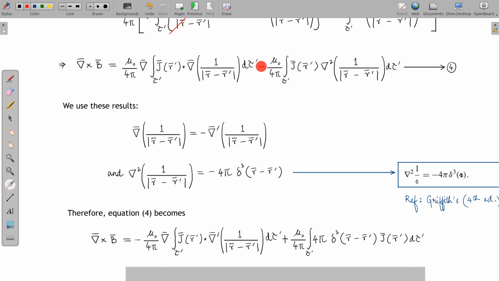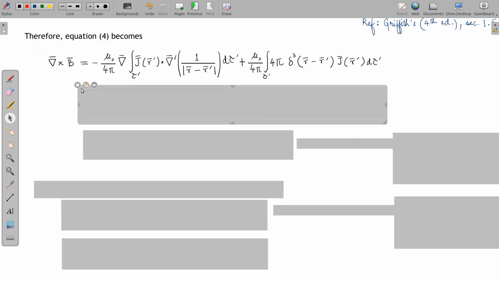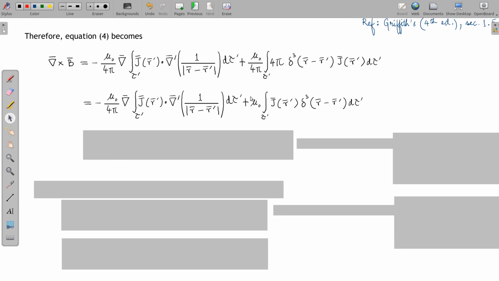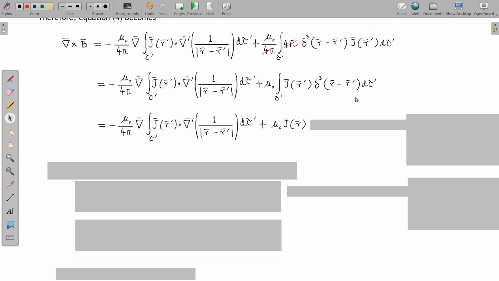Then the minus becomes plus because of the minus sign here, so plus mu naught by 4 pi, with j coming from here, times 4 pi delta cube. Now just a rearrangement: this 4 pi and this 4 pi get cancelled, and finally when you evaluate this integral, that is just going to give us j.